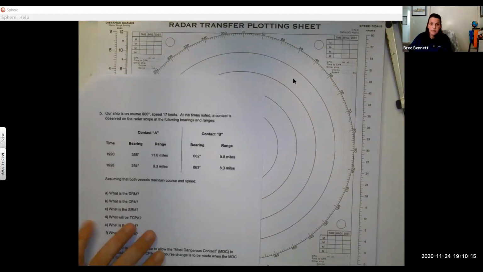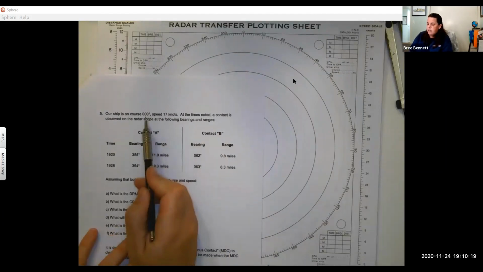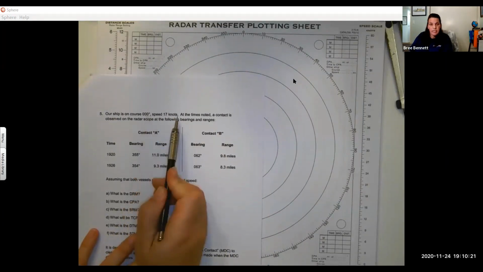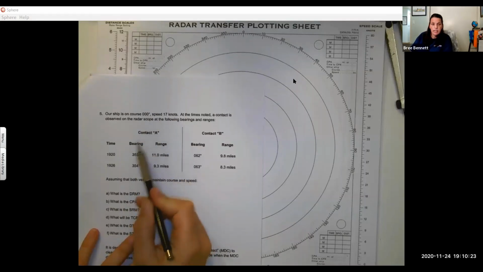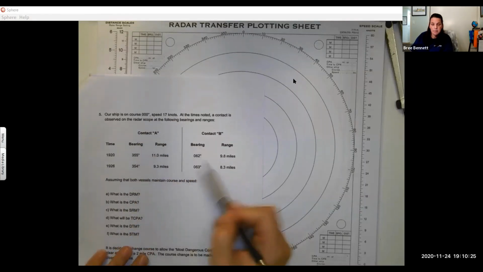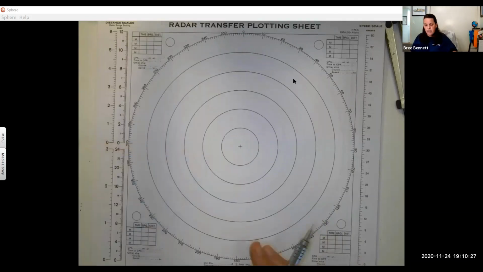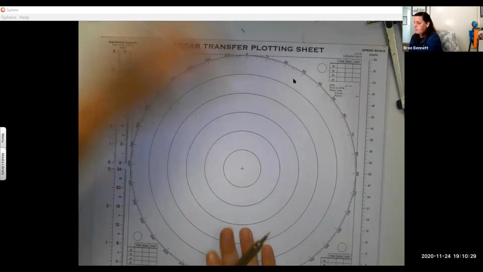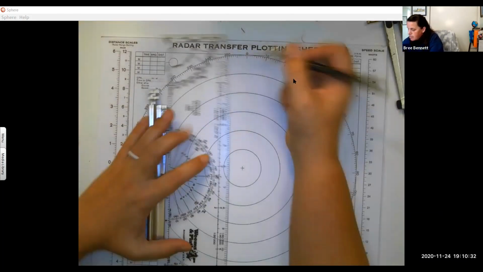Okay, so for number 5, we start out 0, 0, 0 at 17 knots, and then we have target A and contact B. So let's plot that information and then see where we are.